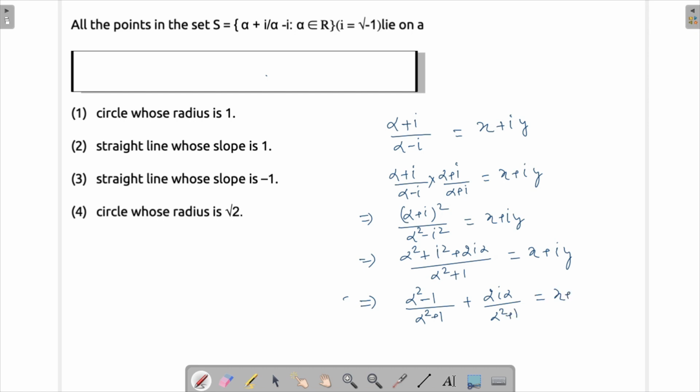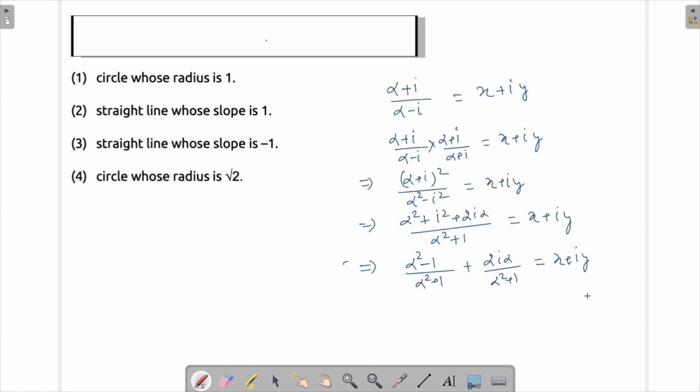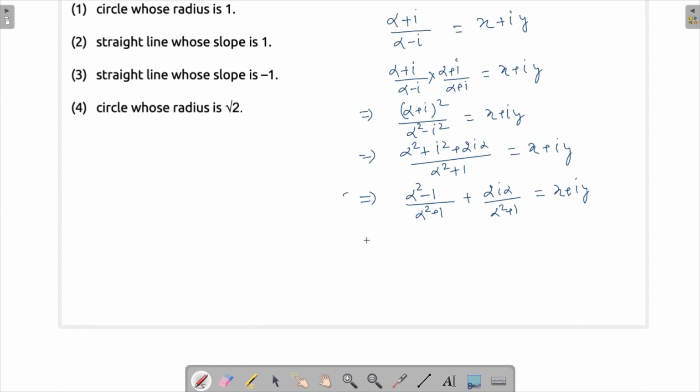Now I can compare these components over here, right? So the real part would be equal to the real part, which is x equals alpha square minus 1 upon alpha square plus 1. And then y would be 2 alpha upon alpha square plus 1. So if somehow we are able to eliminate alpha from this, then we'll be able to get the equation.